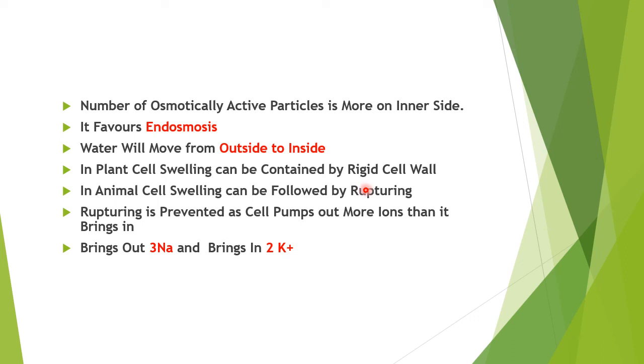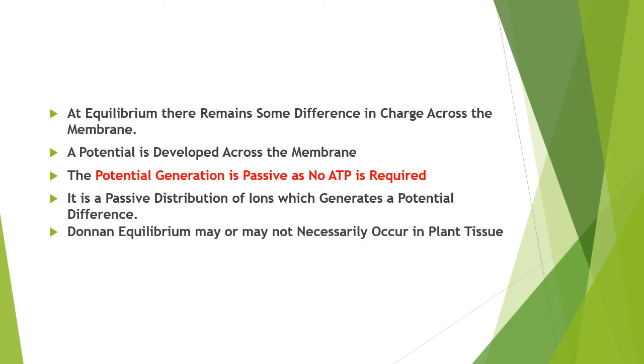However, it has a defense mechanism there. It can be prevented as the cell pumps out more ions than it brings in. That is, there is a pump which pumps out 3 sodium and brings in 2 potassium. So at equilibrium, there remains some difference in charge across the membrane because of these fixed ions, which are non-diffusible ions within the cell.